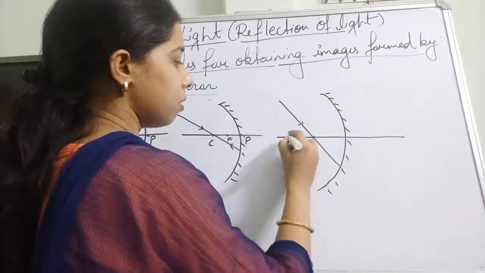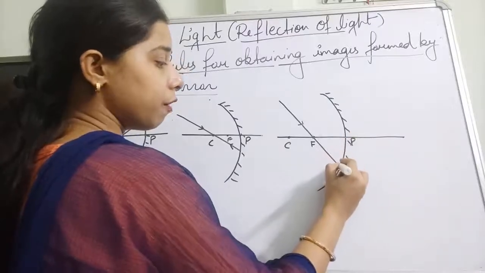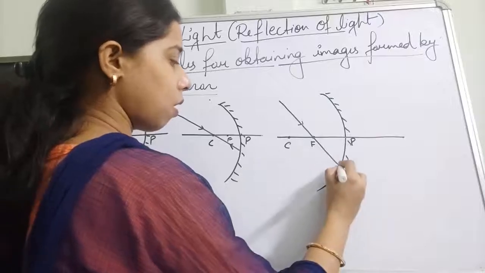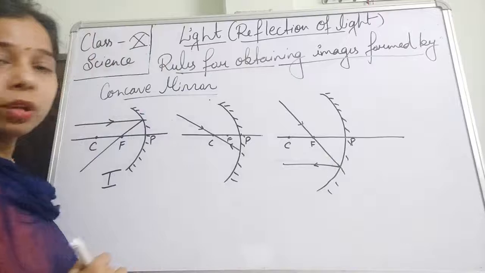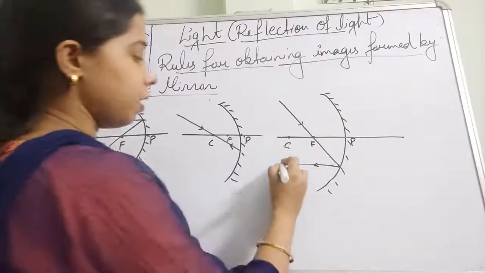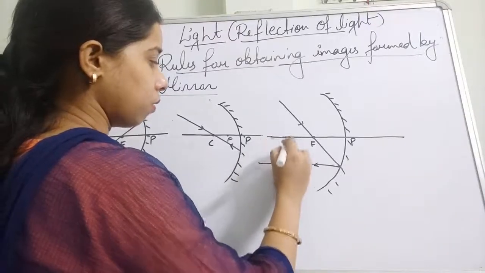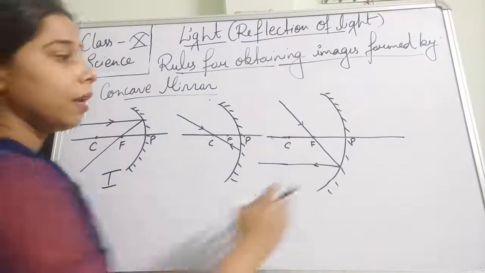If this is the focus, this is the center of curvature and this is the pole, then after reflection it moves parallel to the principal axis. Okay, it moves parallel to the principal axis.